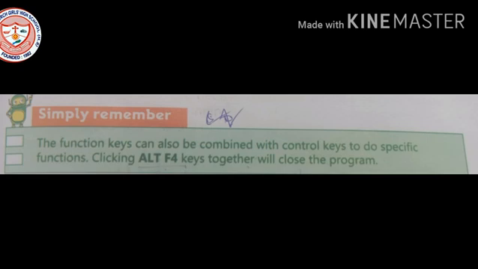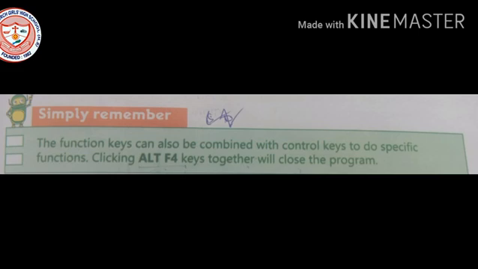Now let's do some exercise. First you have to go through the chapter very carefully and then do the exercise. Before that, just see this. Simply remember, the function keys can also be combined with control keys to do specific functions.